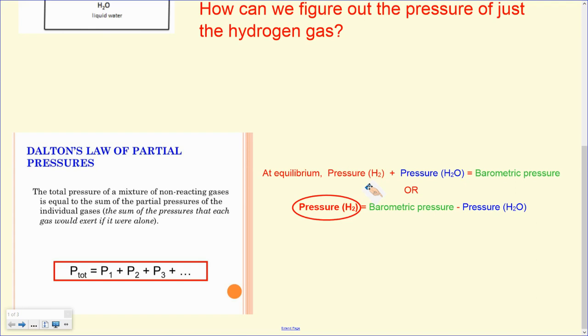So when you go back to work on the lab, you're going to need to convert the barometric pressure, which is 30.09 inches, to kilopascals. And you're then going to look up the vapor pressure of water at the temperature at which the lab was conducted, subtract that from the barometric pressure, and you'll have the pressure of the hydrogen. That will be the value that we're going to have to use in the equation PV equals nRT when we solve for R.